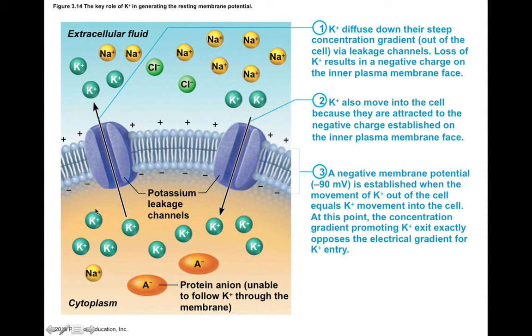Now, this will become more important when we come back to how neurons, or brain cells, function, and how muscles function later on. But it's important to note that resting membrane potential is essentially the separation of charged ions across the plasma membrane, and we call that potential difference voltage.